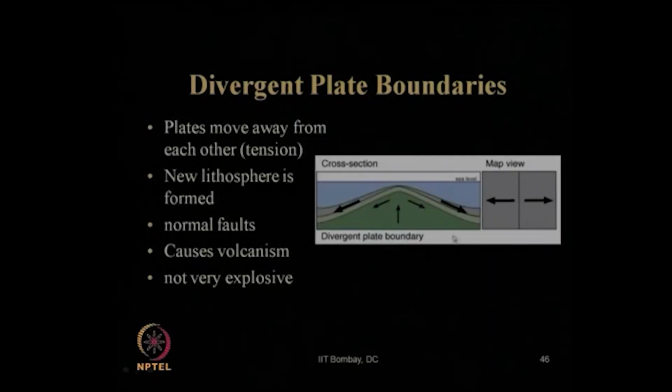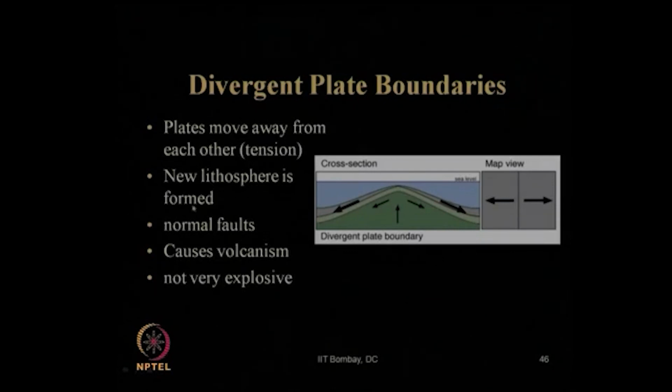So, the divergent plate boundary, as we have seen just now, two plates, this is the map view or top view or plan view, move away from each other, creating this tensile force on each plate. And if you see the cross section of the divergent plate boundary, these two plates are moving away from each other. In that process, what happens?